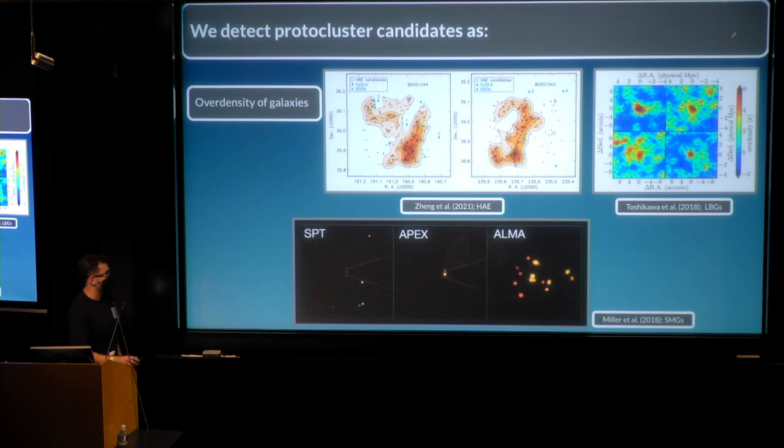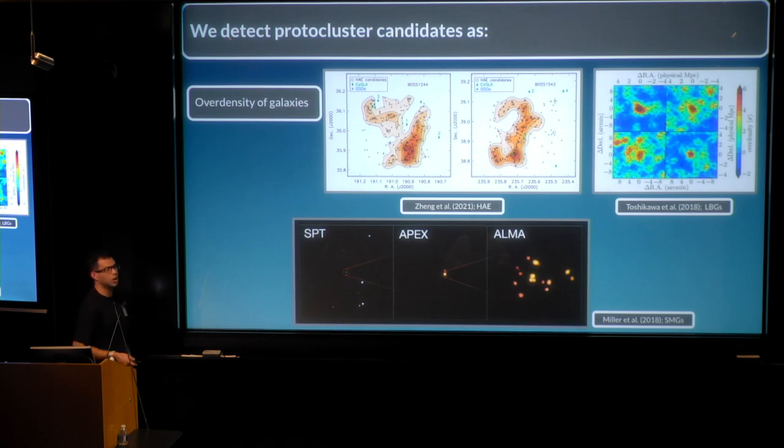Both of those I mentioned are in the optical, but at 2 millimeter wavelength, we detect protocluster candidates starting with observations with very low angular resolution of about 1 arcmin.